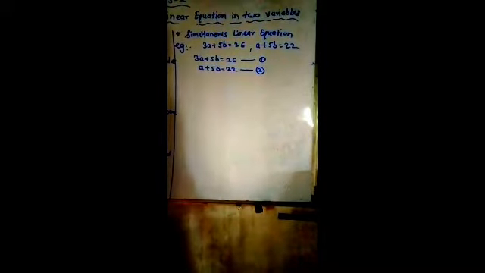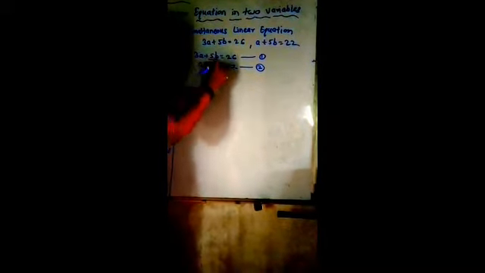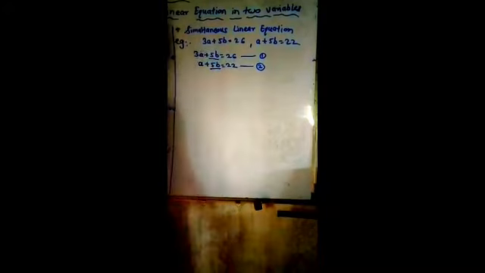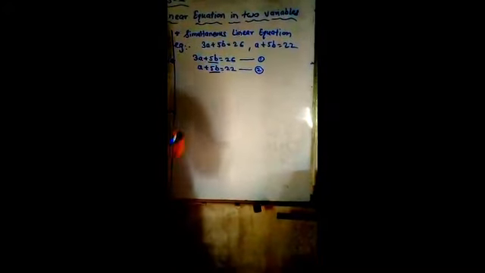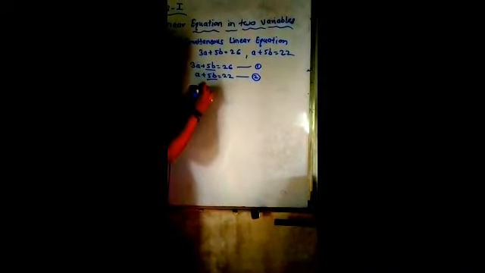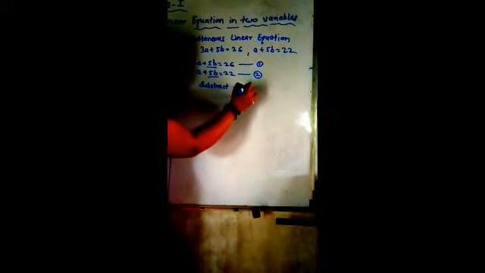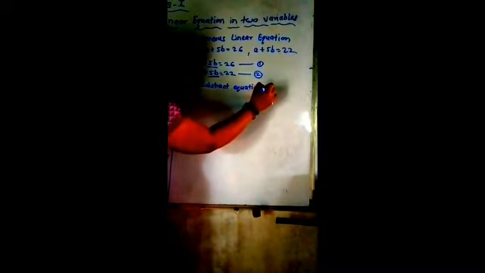In that, the variable b has equal coefficients. Therefore, for solving, we can calculate the value of a and b. We subtract equation 1 and 2.